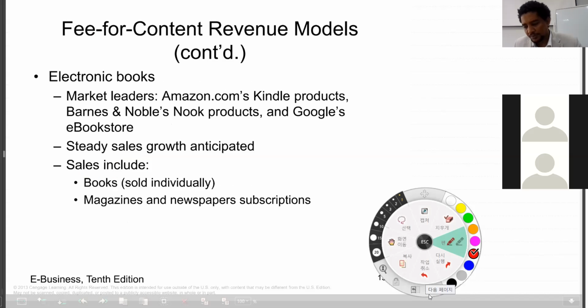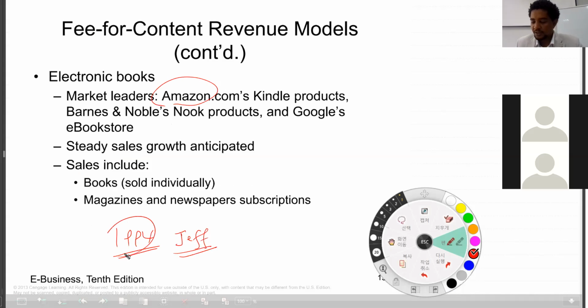Electronic books. Okay, ebooks are actually very easy to sell online, right? You remember in 1994, Amazon's owner now, Jeff Bezos, started by selling books first on Amazon.